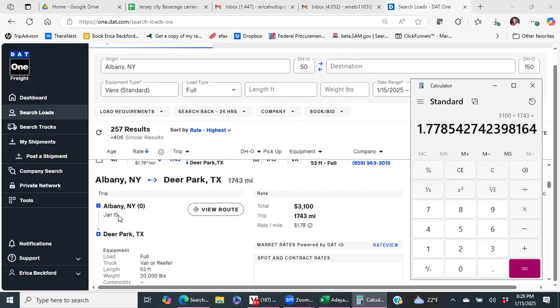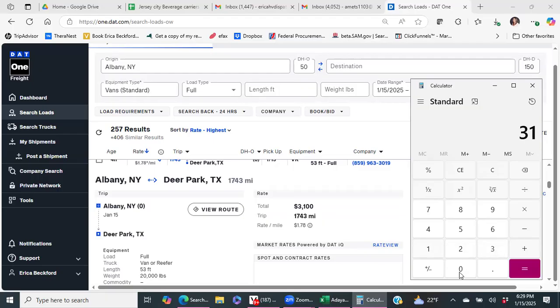However, if there's additional stops that aren't listed in here, this number is going to change, right? So let's say this number is, for example, 2,000 miles, right? Because when you called the broker, they said, oh, it's not only these two stops, we have four stops. So it's 2,000 miles instead. Now we're looking at a totally different scenario.